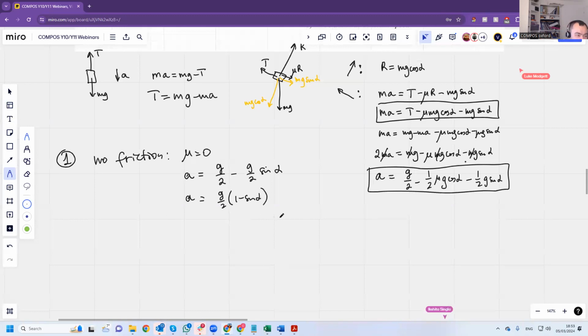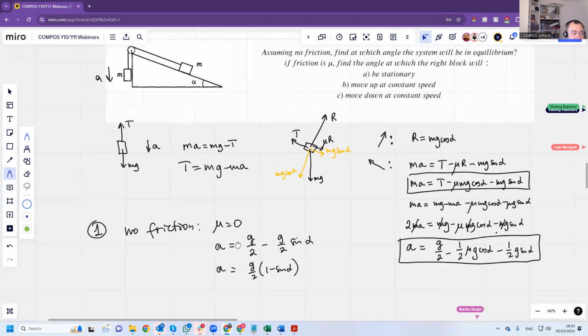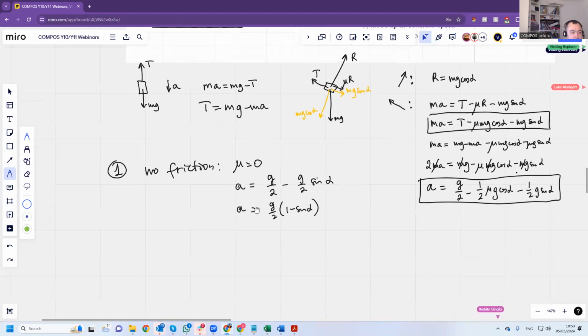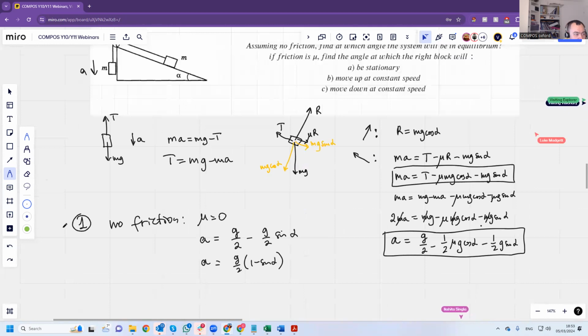What is the condition for the acceleration to be 0? If 1 minus sine alpha is 0, right?